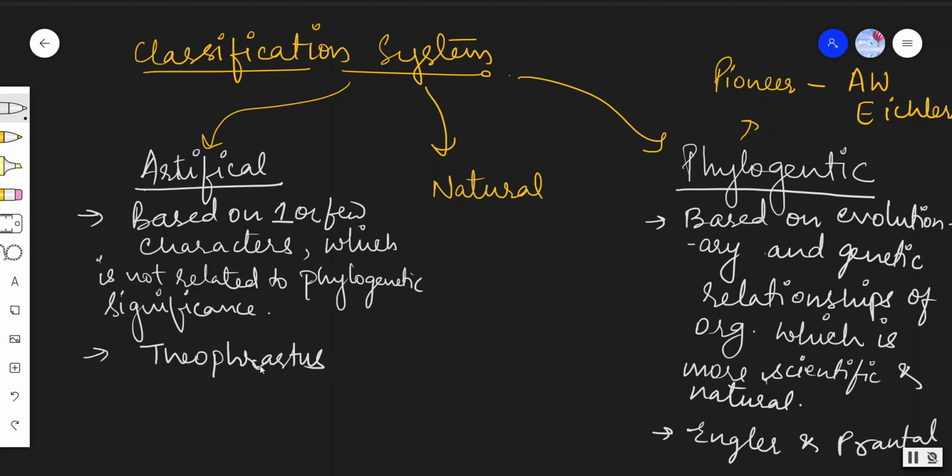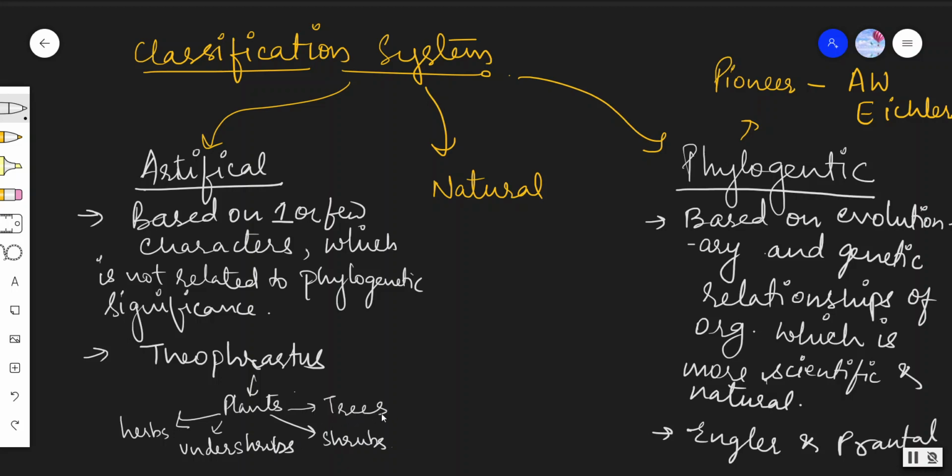Theophrastus was the first one to give the artificial system, and he classified plants into herbs, undershrubs, then shrubs, and then trees.